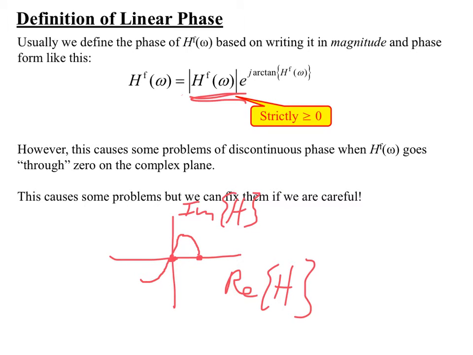I'm not saying that this is an FIR filter or any kind of filter that we're interested in, but that's what I mean by H of omega goes through 0 on the complex plane. As it goes through, notice that the angle instantaneously flips from this angle to this angle, and that's a difference of pi, plus or minus pi, depending on how you look at it. And so that's the actual angle, and when it does that, we get a discontinuous phase with this viewpoint.